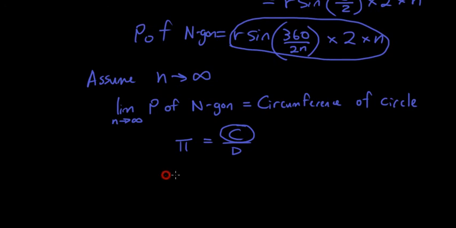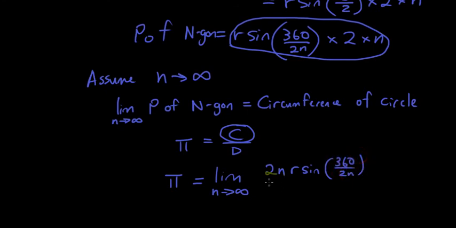So we get pi is equal to the limit as n approaches infinity of the perimeter of the n-gon. So let's rearrange that as well. So it's 2n r sine bracket 360 over 2n divided by the diameter, which is just 2 times the radius.